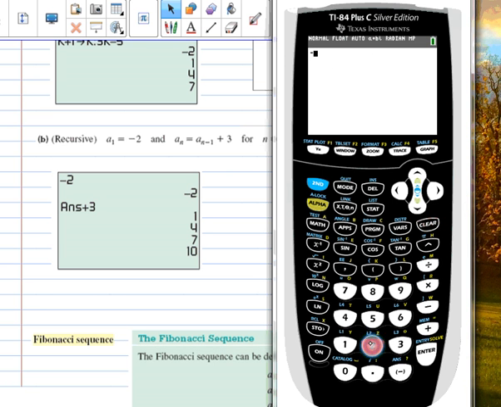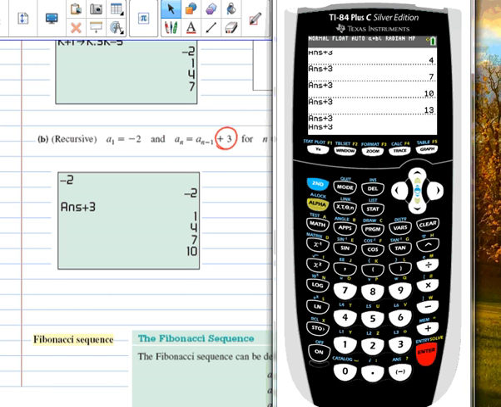Hit -2, and then just hit enter. By doing that, it's stored in the answer memory of your calculator. And then we are supposed to be adding 3 each time. So say +3, hit enter, and then just keep hitting enter. There, it just keeps adding 3 to your answer.